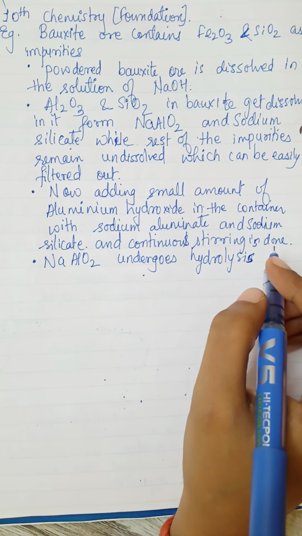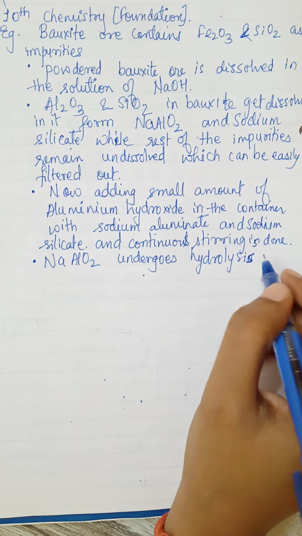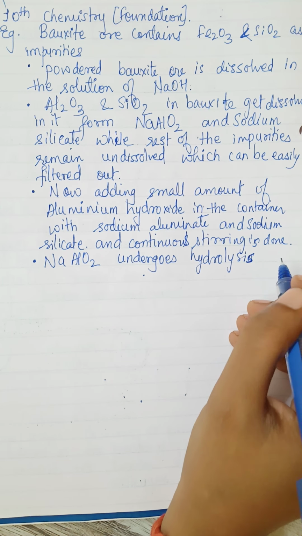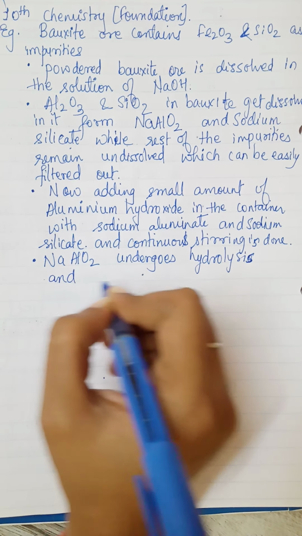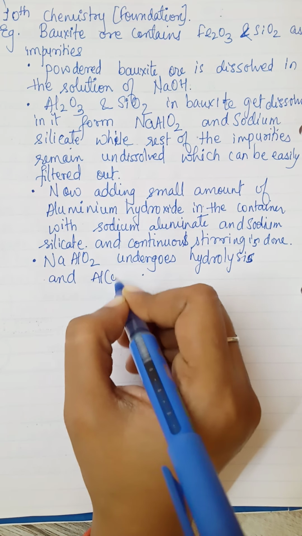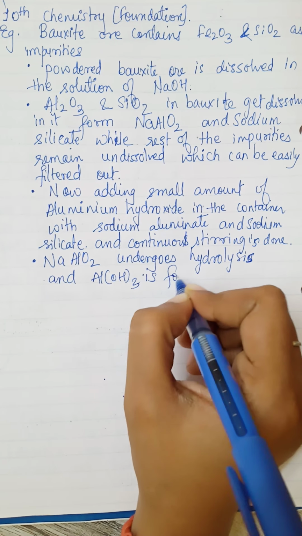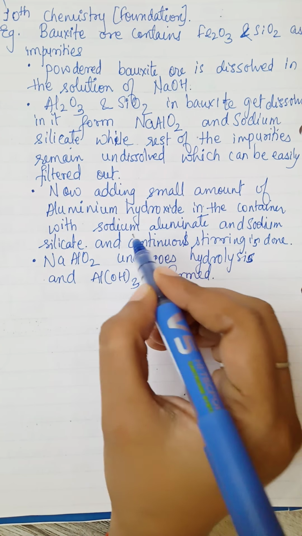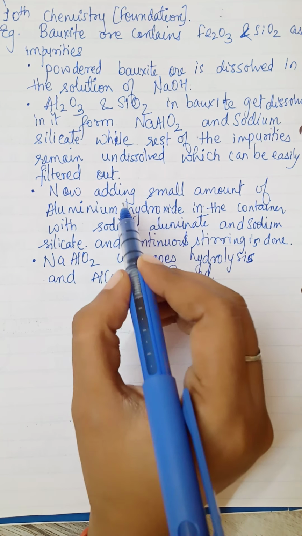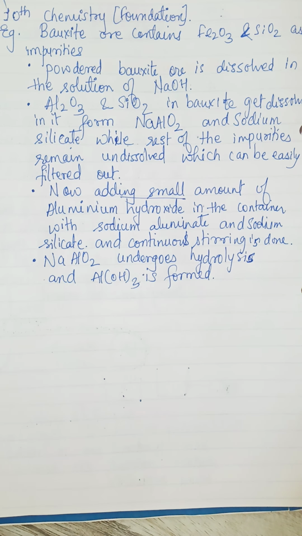So we'll write here: hydrolysis, and aluminium hydroxide is formed. See, the small amount of aluminium hydroxide which we have added over here will just boost the reaction. It is a kind of catalyst, you can say.